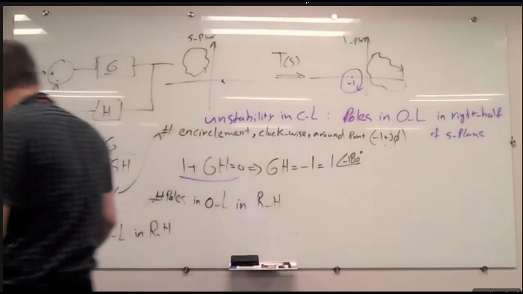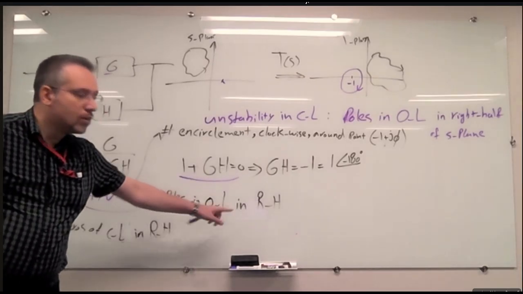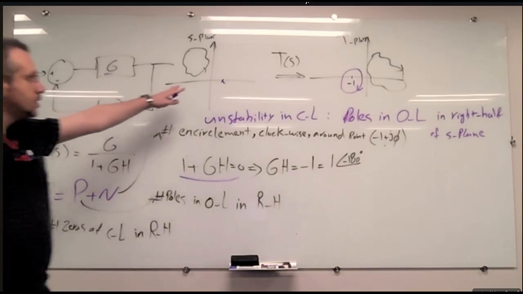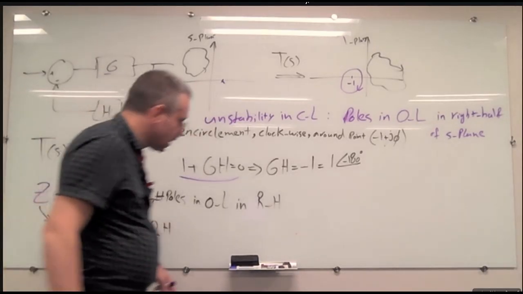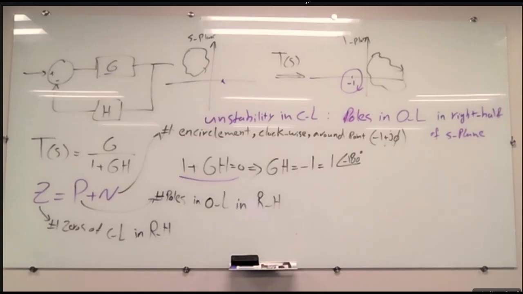Now, what happened? If we have poles in our open loop in the right half side, based on what we discussed on the contour part, we are going to have some encirclings in our closed loop contour.